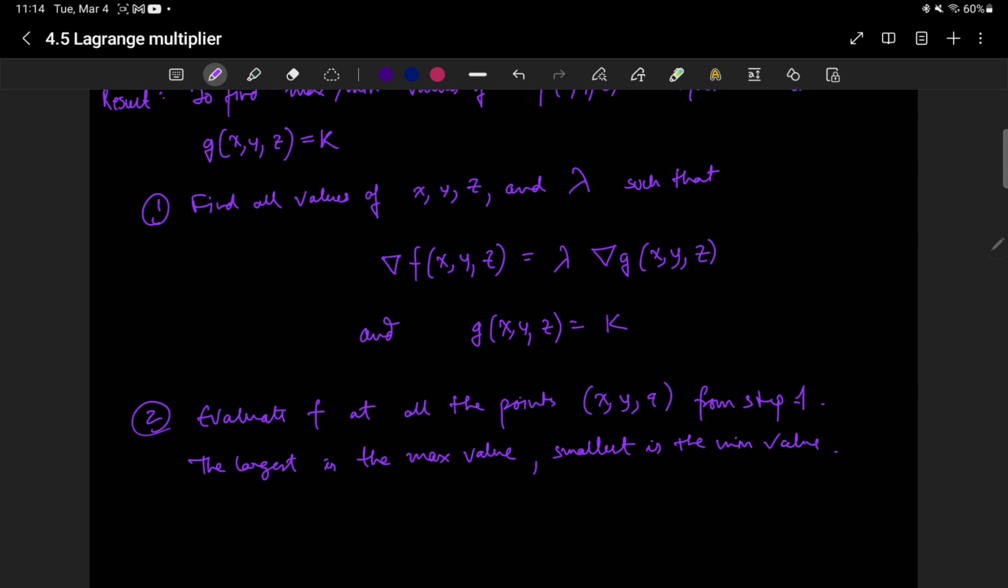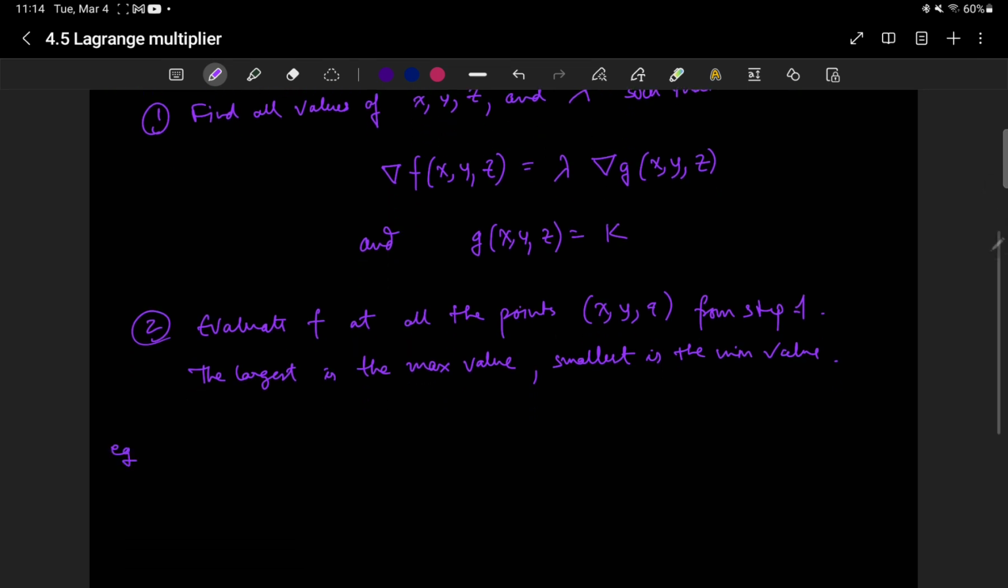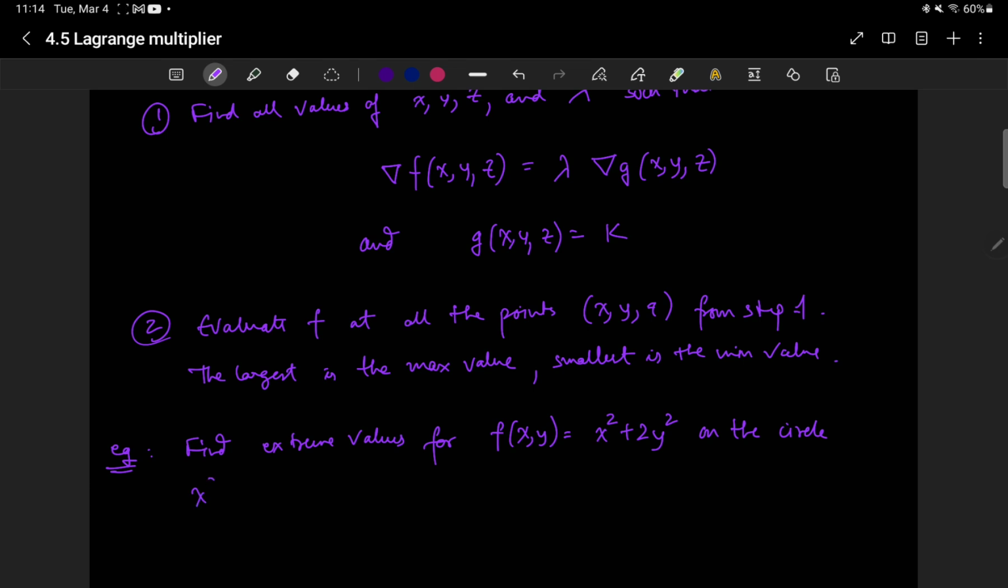So we'll look at a couple of examples, including the box one, so that we have results in both. First example, find the extreme values for the function f given by x squared plus 2y squared on the circle x squared plus y squared equals 1.